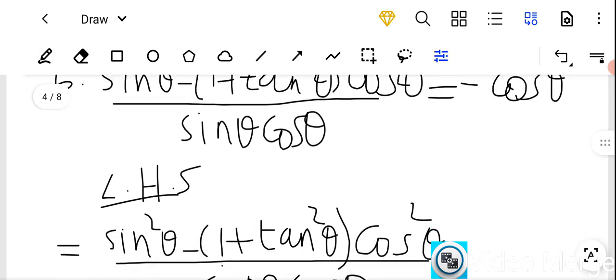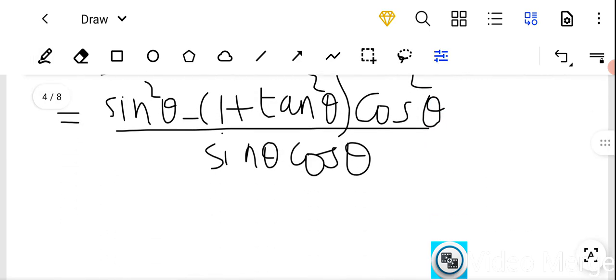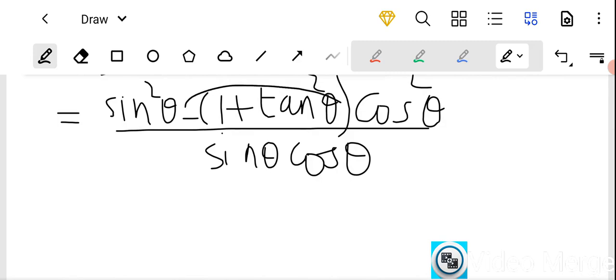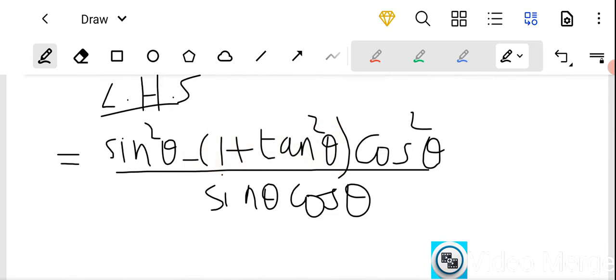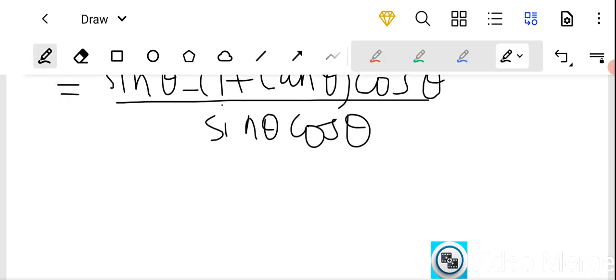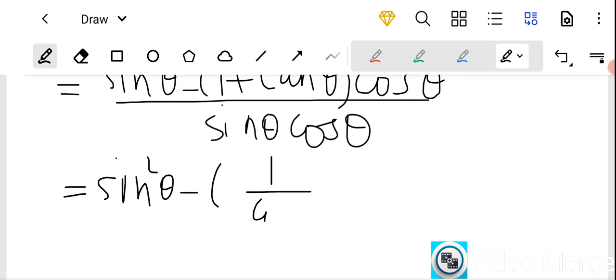How do you proceed from here? As you can see, what is inside the brackets is 1 plus tan theta squared, an identity that we need to know. It's the same as sec theta squared. So we have sin theta squared minus sec theta squared, and sec theta squared is the same as 1 divided by cos theta squared.